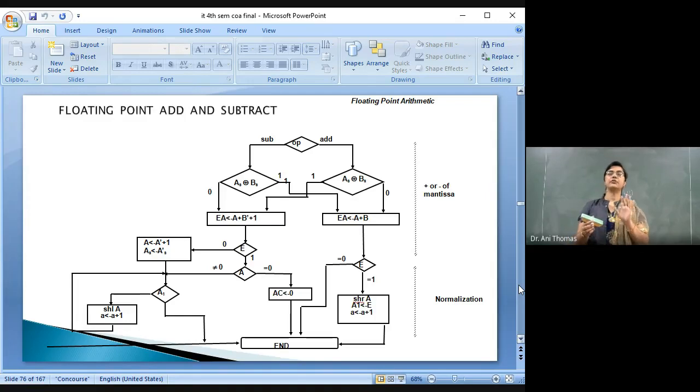Same way for subtraction, if the XOR of AS and BS is different, we go for addition, and if they are the same, we go for subtraction. And then after addition, if there is an overflow, we have to store that overflow. Means when you are doing this addition operation and you are getting an overflow, E, that means what?